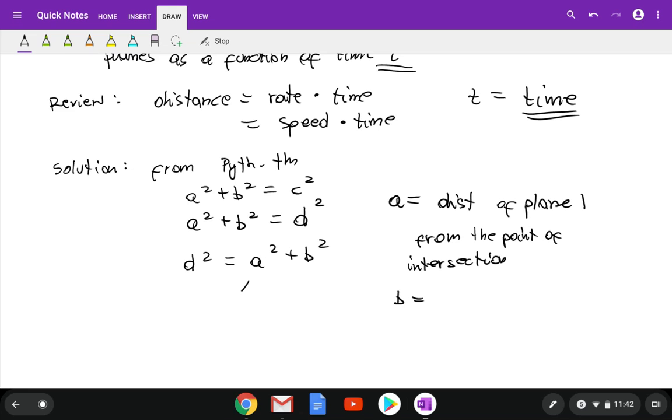And B here represents the distance of plane 2 from the point of intersection.